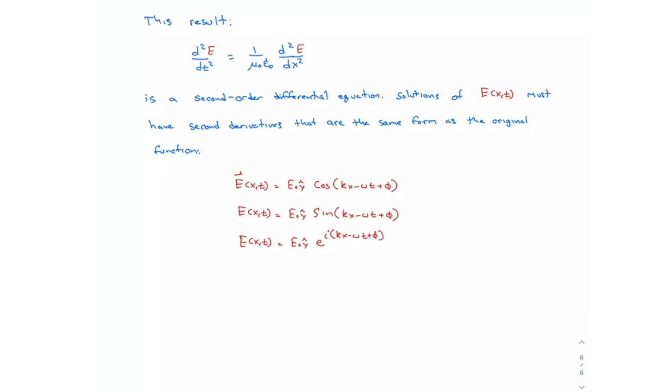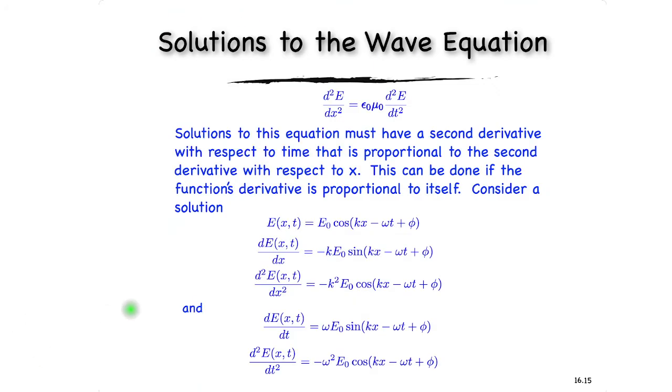So let's see what happens if we work with the cosine function. If we take this function written as a cosine, and we take the derivative with respect to x, what we're going to get is a sine function, actually minus sine, and then this k through the chain rule pops out front.